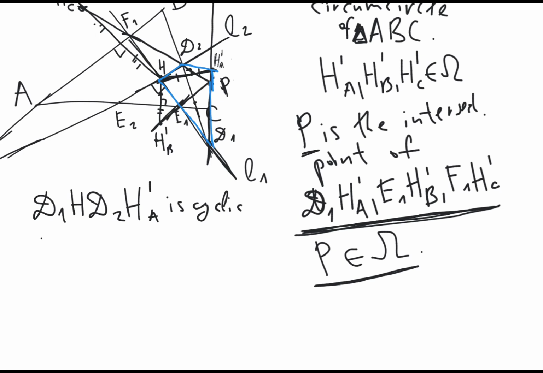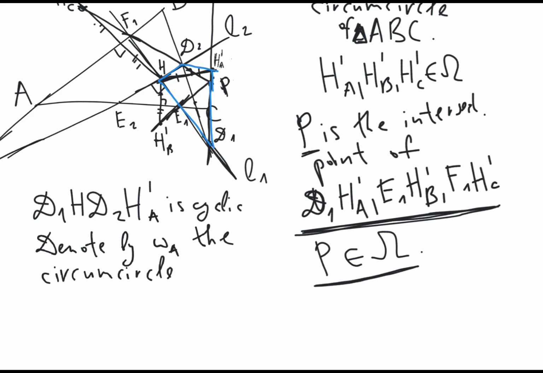So let's denote by omega A the circumcircle of D1 H D2 HA prime.